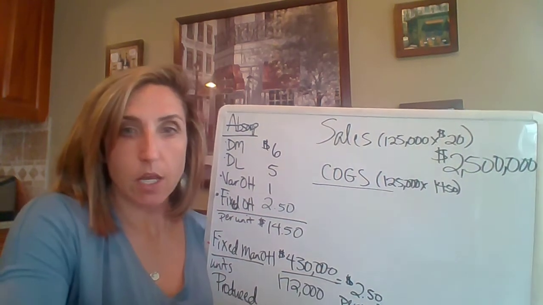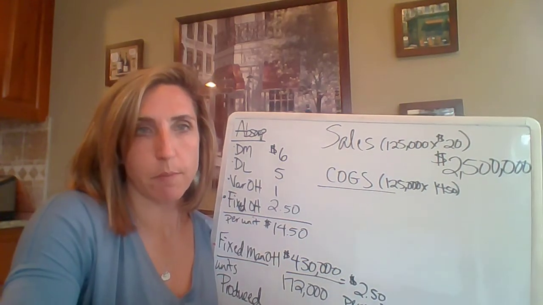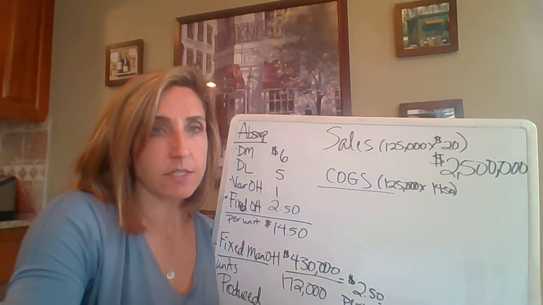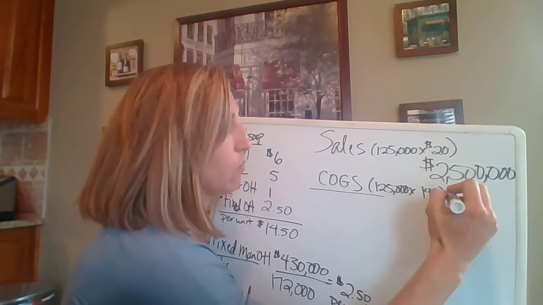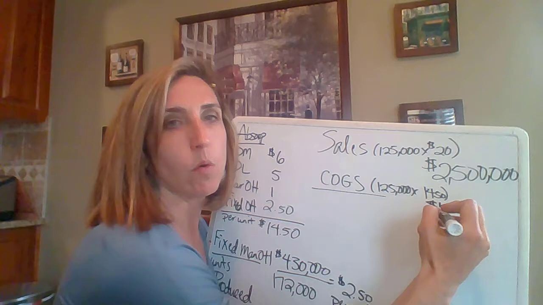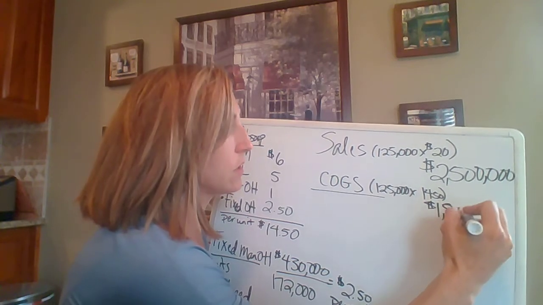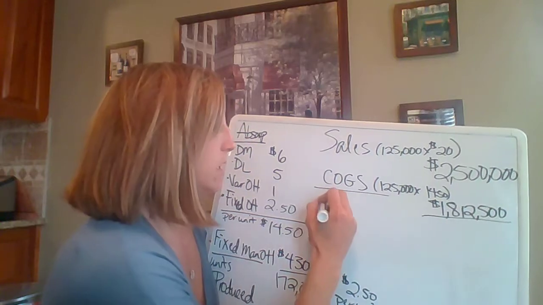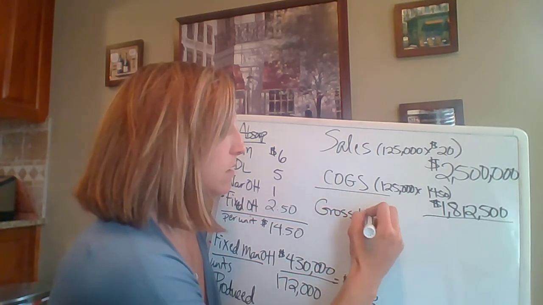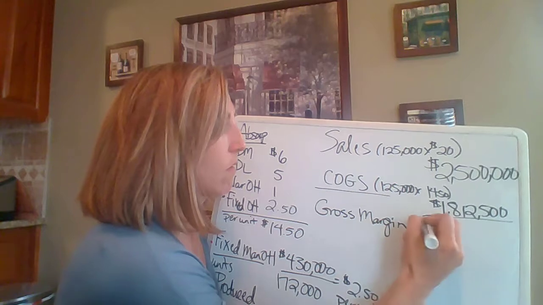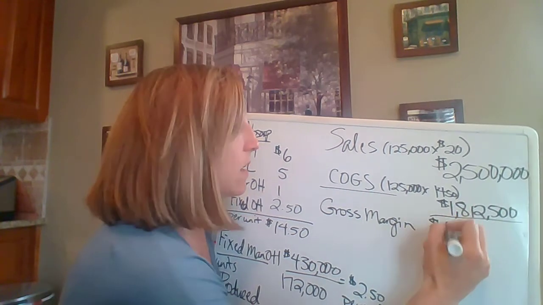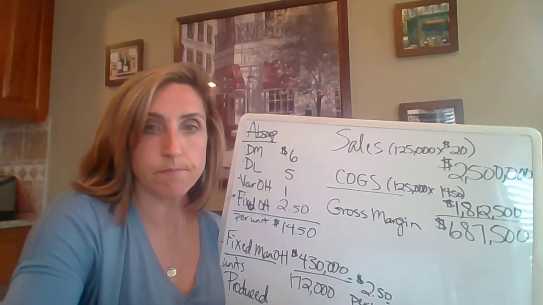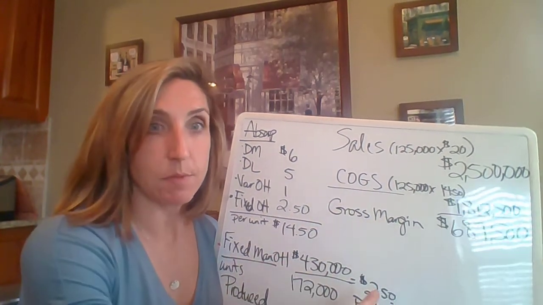So when we take 125,000 and multiply it by 14.50, we should have a cost of goods sold of $1,812,500, giving us a gross margin, ooh, it's higher, of $687,500. Last time it was 570.